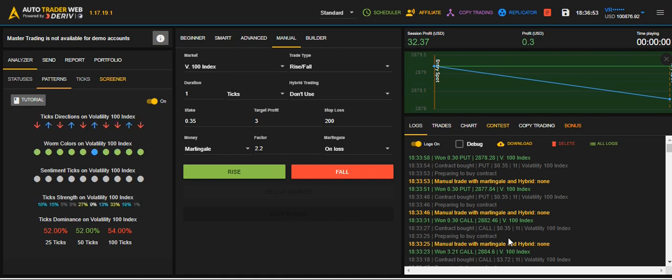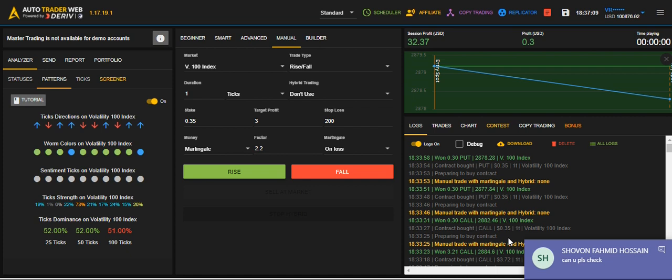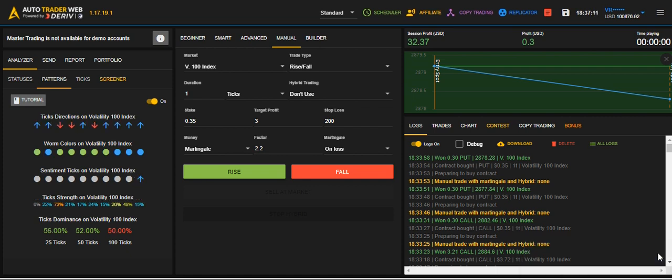A lot of YouTubers develop bots which are based on tick predictors, tick pickers. What you have to do is download the software and then identify the 10 average movements.